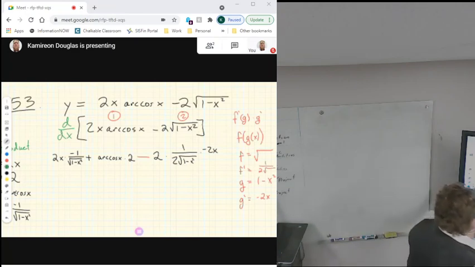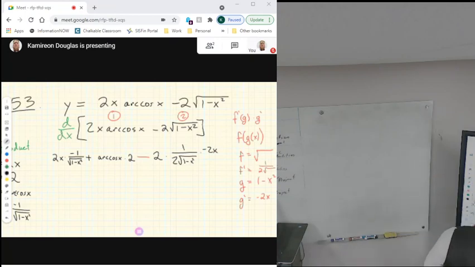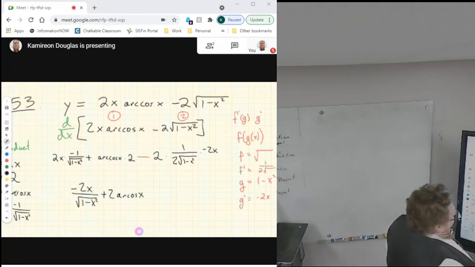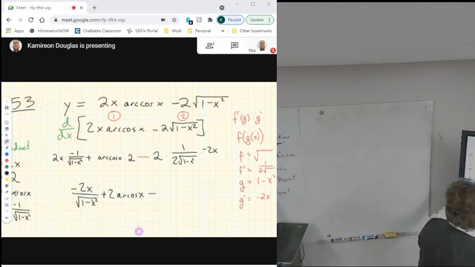So from here, let's see. On my first piece, I can move this 2x to the top. I can move the 2 out front. It becomes a negative, so this becomes negative 2x over the square root of 1 minus x squared plus 2 arc cosine of x. So that's the simplified version of the first piece. Minus, all right, now I gotta do some fanciness here. Let's see, this 2 and that 2 cancel. This negative and that negative become positive, so this becomes plus.